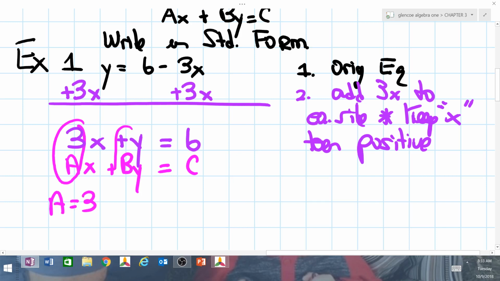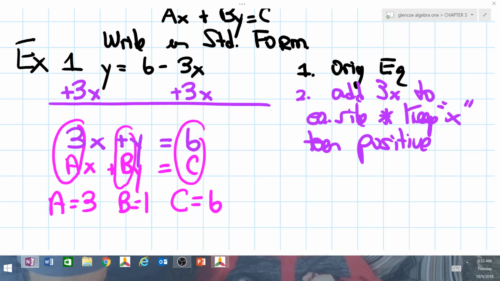We could say that B equals 1. And we could say that C equals 6. Questions? Now let Mrs. Urso just go ahead and remind you. Ax plus by equals C. A has to be positive. However, B or C could be negative. Do you understand that? B or C could be negative.